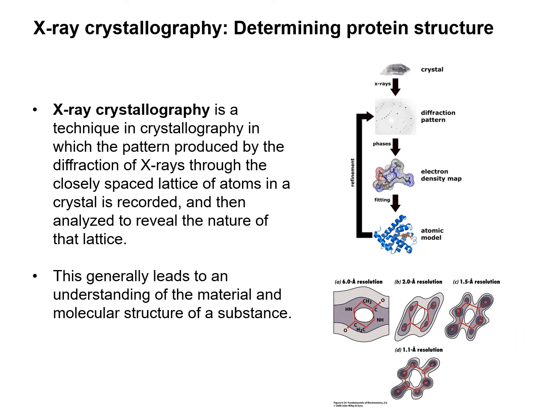Nowadays there are different resolutions that you can get, depending on the stability of the molecules within the crystal. The smaller the resolution value, such as the 1.1 angstrom resolution here, the better the image and the better the prediction you get. Nowadays there's also a technique called cryo-EM.